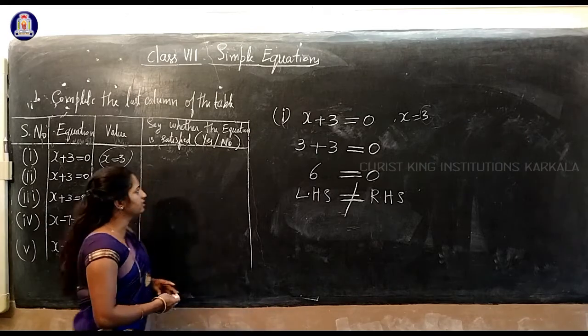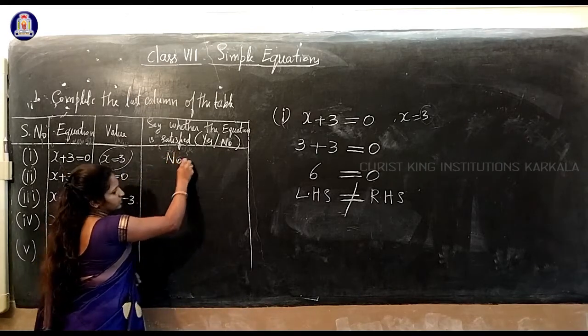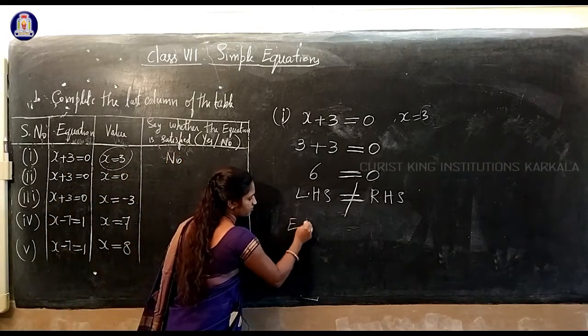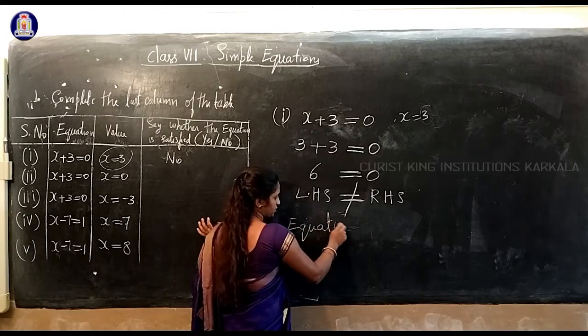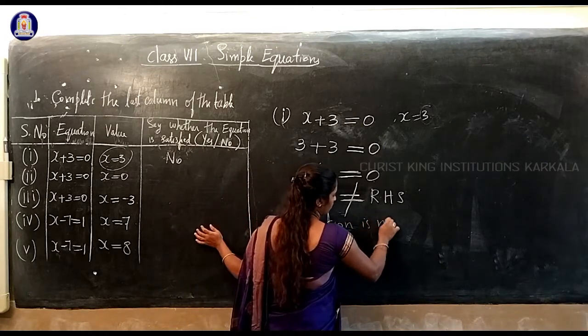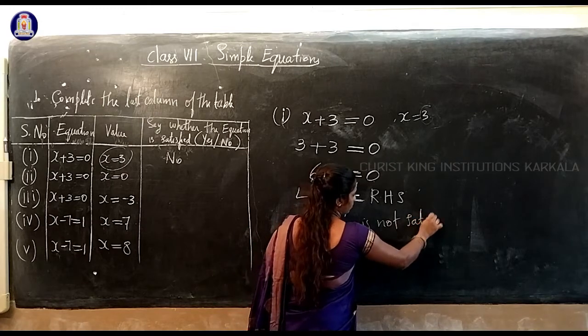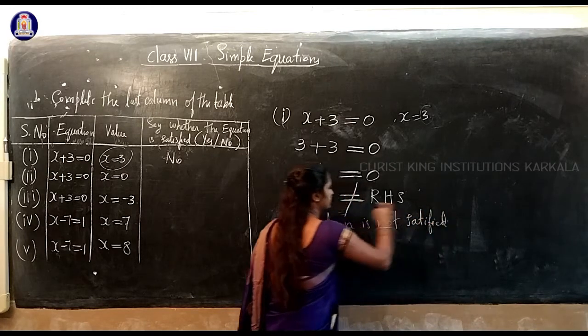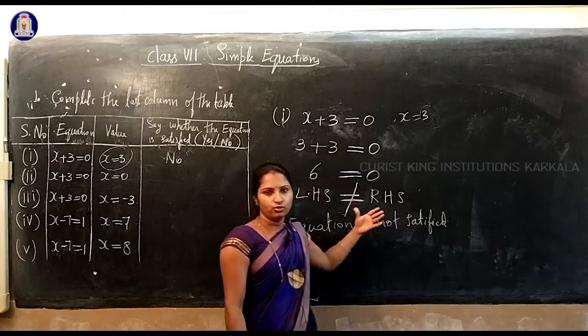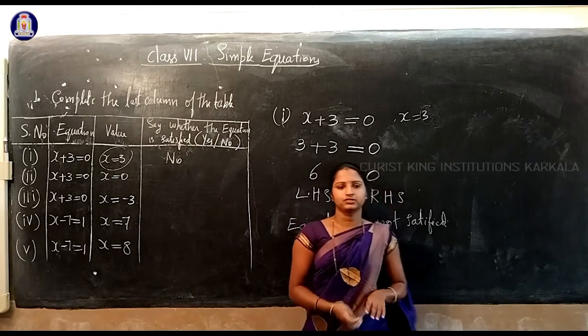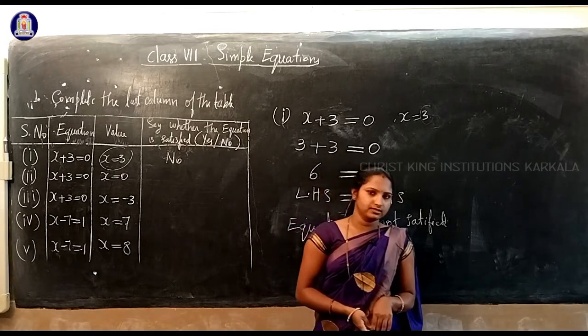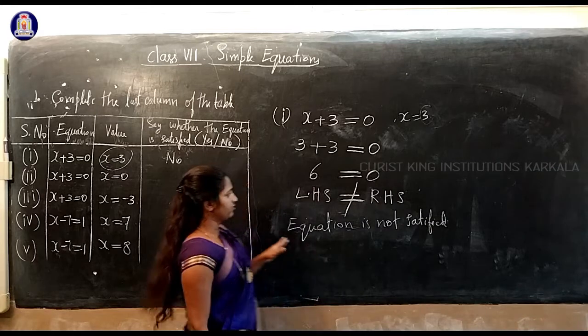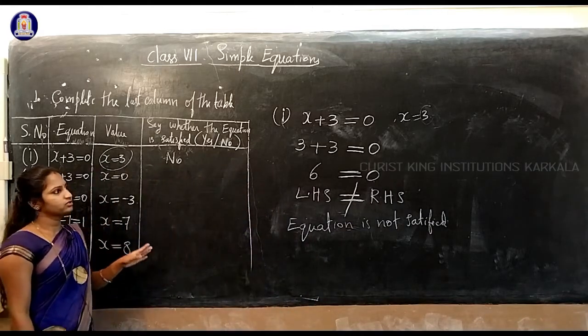Write like this: the equation is not satisfied because LHS is not equal to RHS. So this equation is not balanced, right?